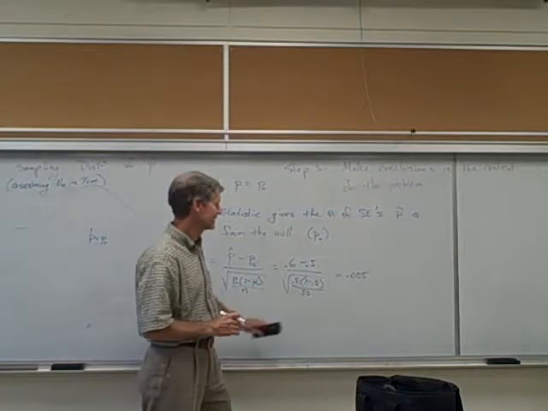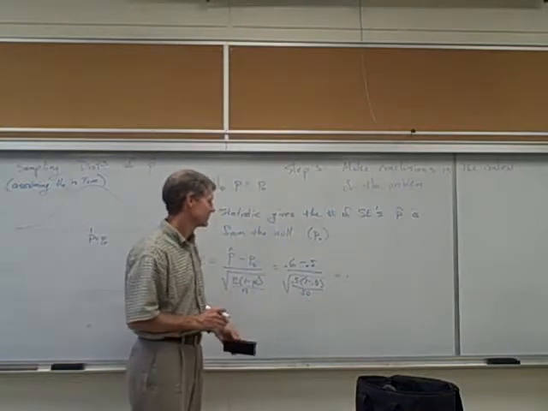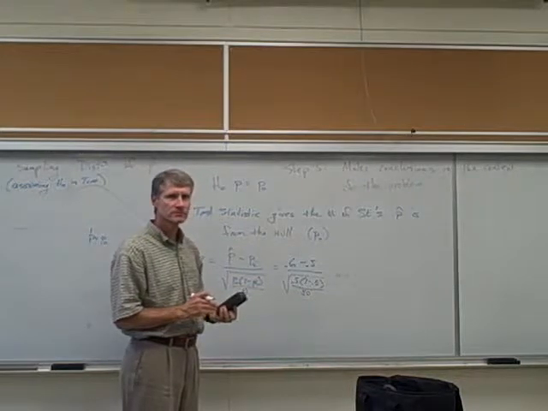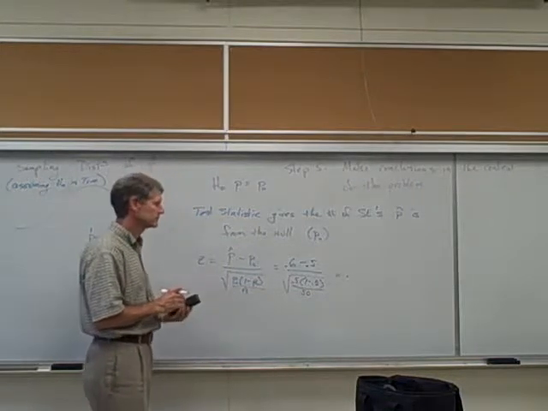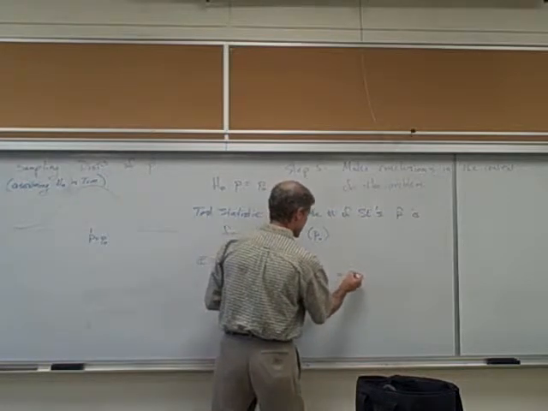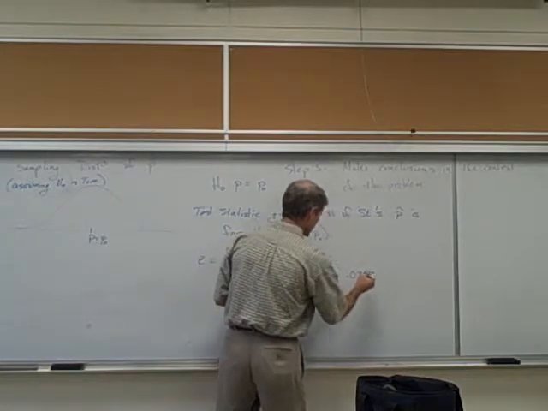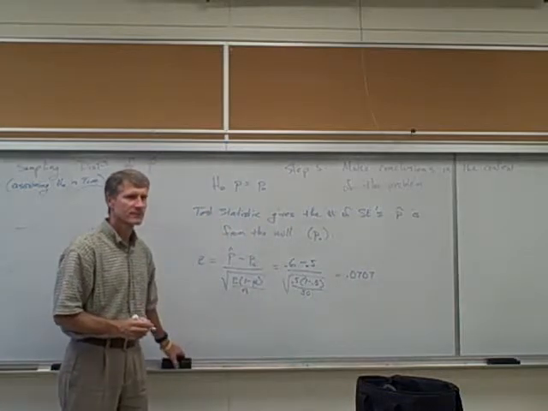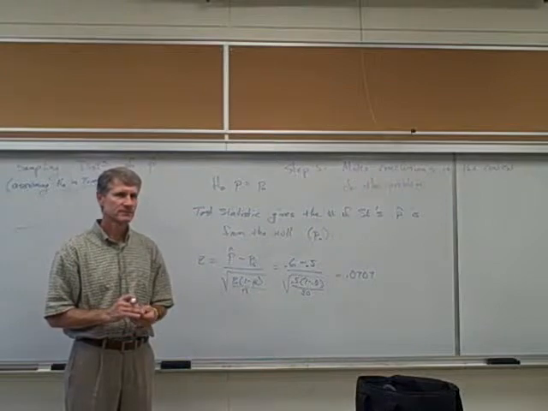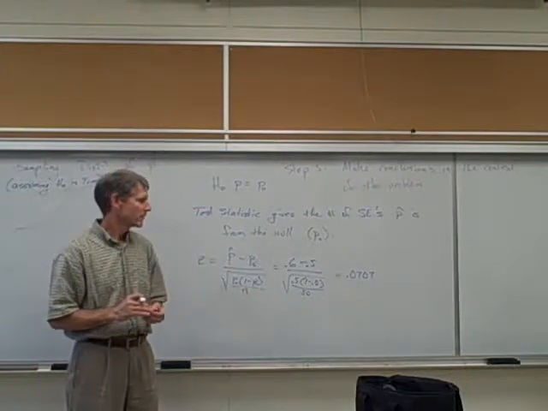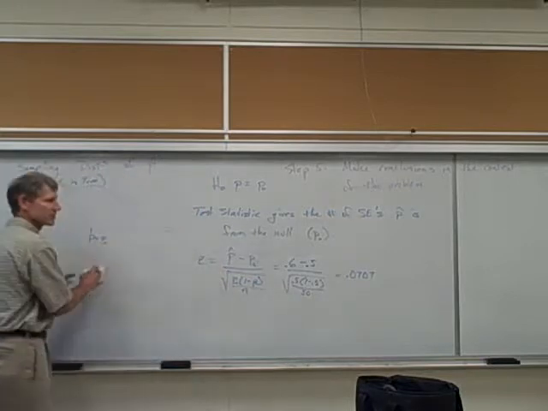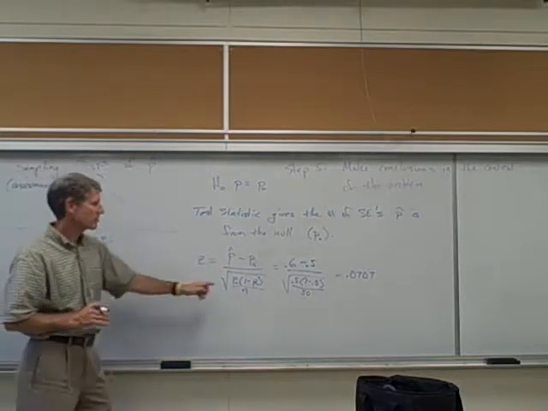I didn't do the square root of it. 0.0707, like that. Is that what everybody else is getting? What is the standard error on the bottom, by the way? I want that number too, because I want to draw it on my picture. Somebody do just the bottom of this.